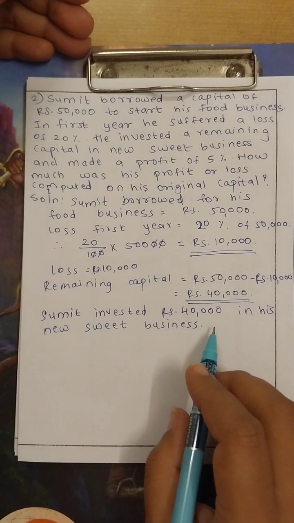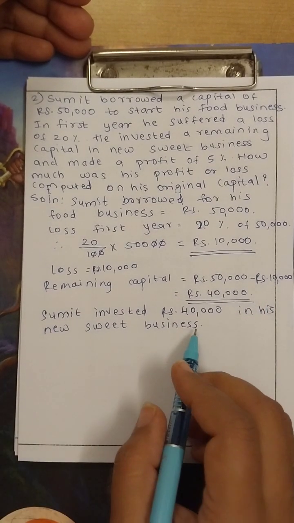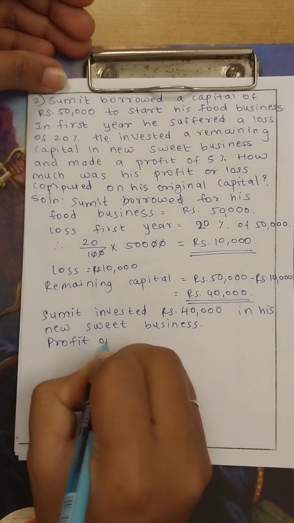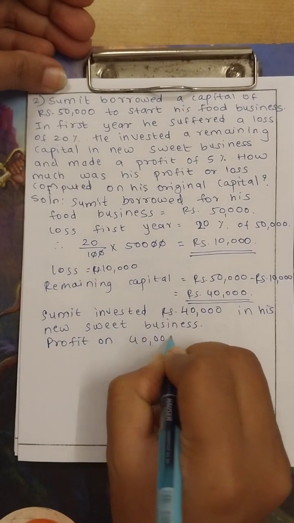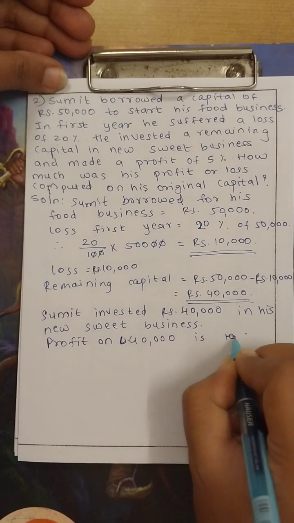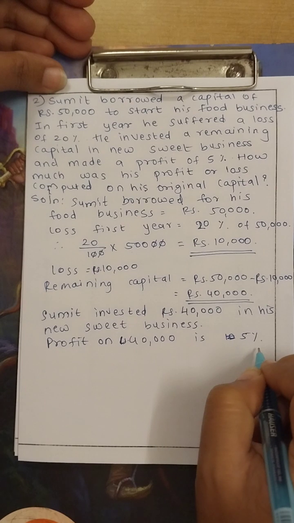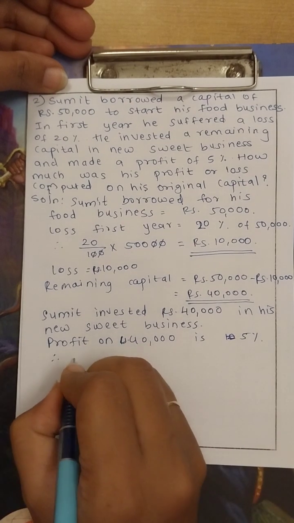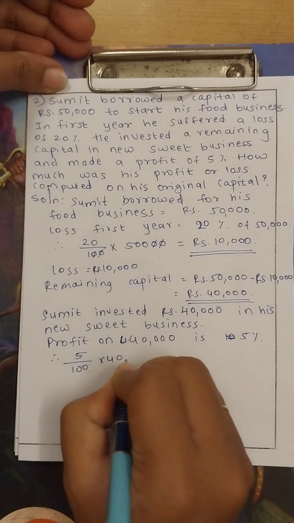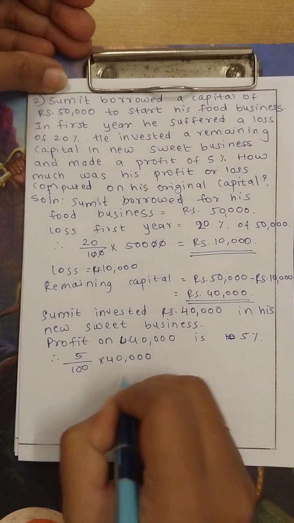Sumit invested rupees 40,000 in his new sweet business and the profit on 40,000 is 5%. Therefore 5 upon 100 into 40,000.